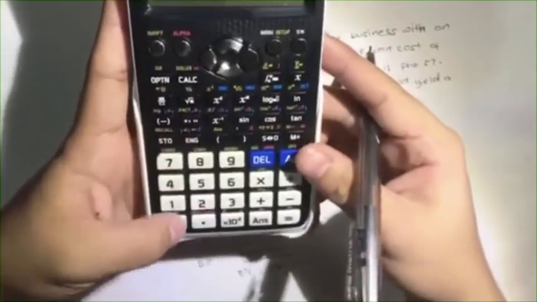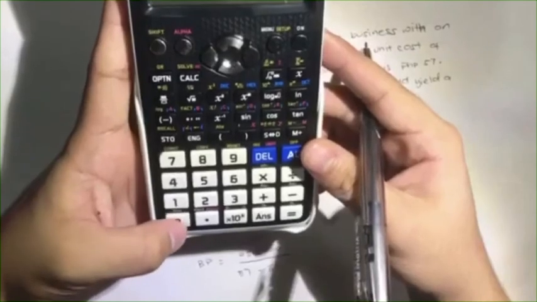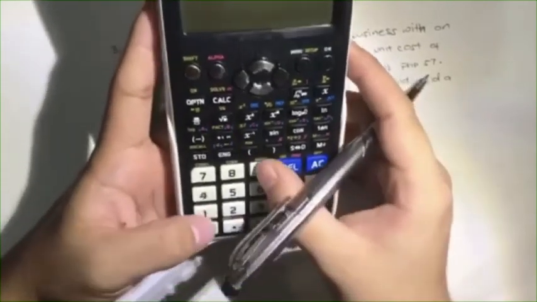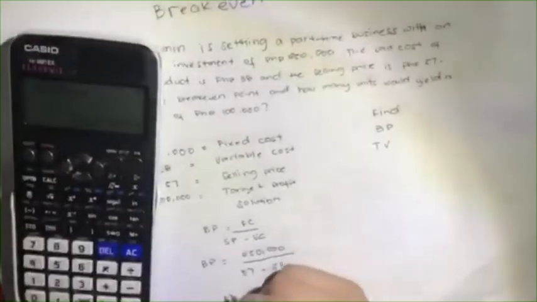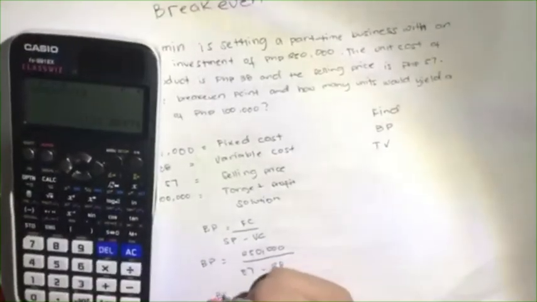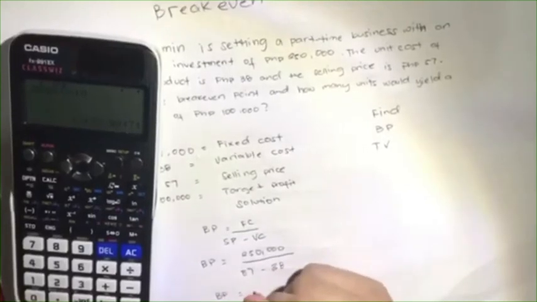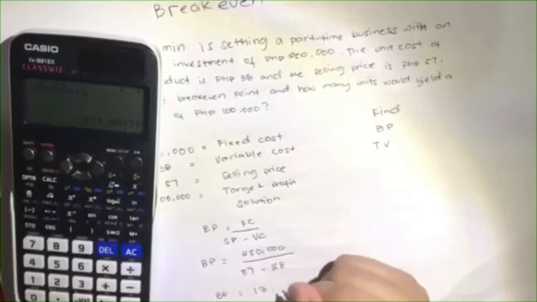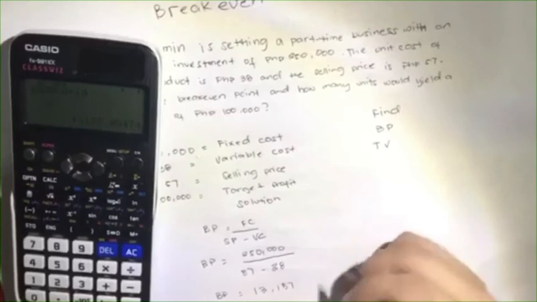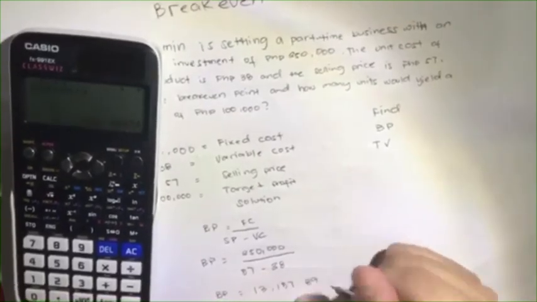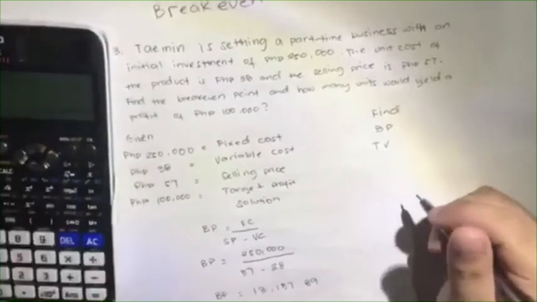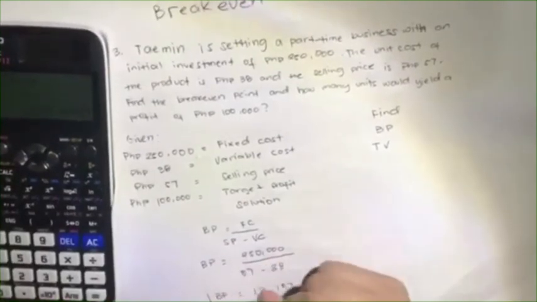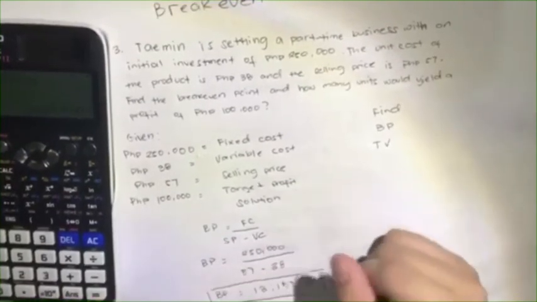So 250,000 divided by 19, we have breakpoint of 13,157.89. We will round it off into 2 decimal places. So this is our breakpoint.